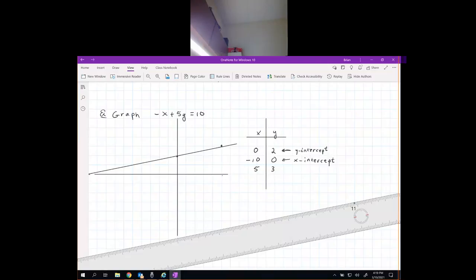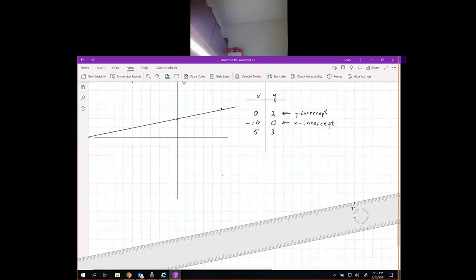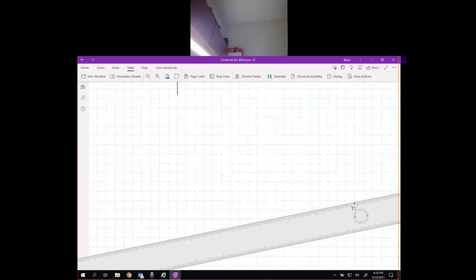Let me give you one to try. So if you can, make use of the intercepts to help you graph this thing. Let's try. Go ahead and try that one.